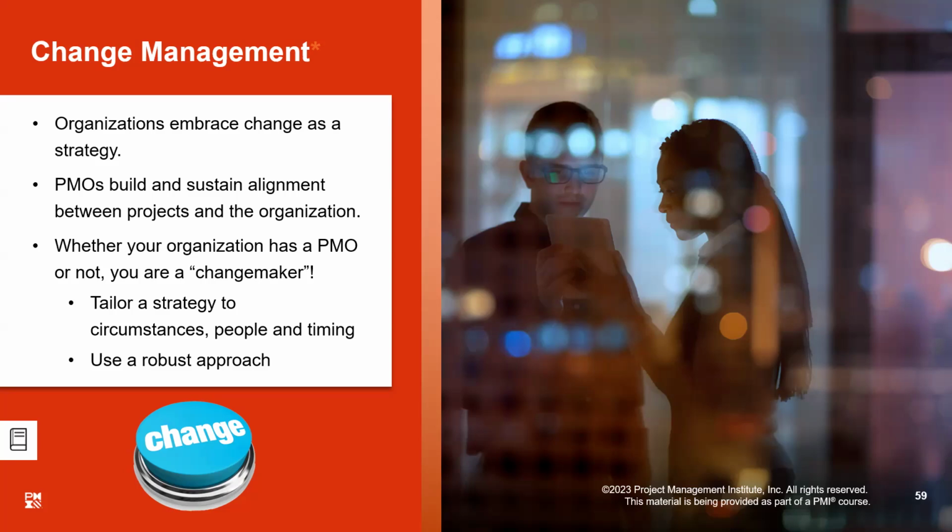Because a PMO does not exist in your organization, every project manager is now responsible for tailoring a strategy to the circumstances, people, and timing. And they must choose a robust approach. I hope you understand, you might have heard it many times: change is inevitable. Change is the only constant, and especially when speaking from the strategic point of view, this is more than true. This is the only thing which happens.